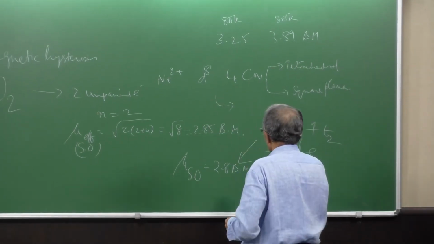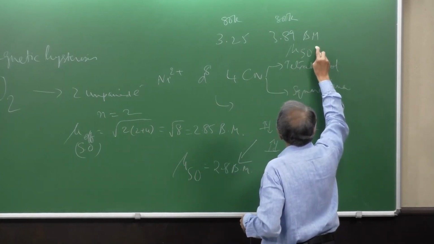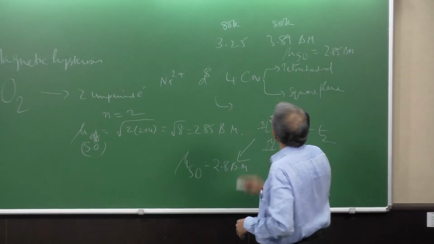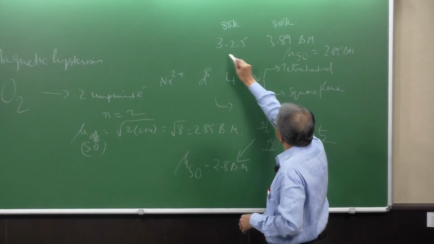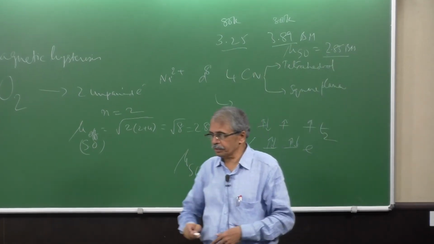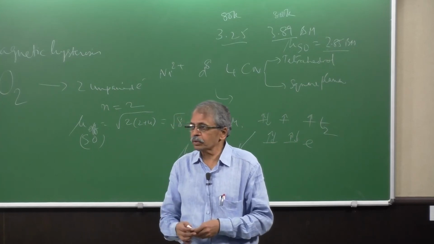It is much higher than what is expected. So, mu spin only is 2.85 Bohr magneton. So, you can see that there is an increase at this room temperature as well as at the low temperature. Okay, so this we can try to work out.